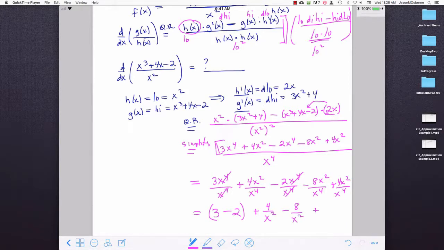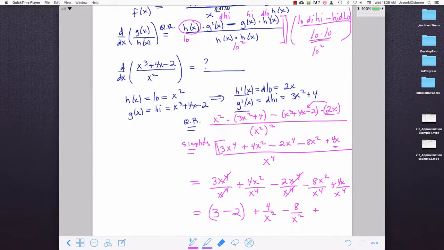Hold on just a second. Okay, I'm just left with 4x squared. Oh, and I forgot the minus. This should be minus 4x right there.